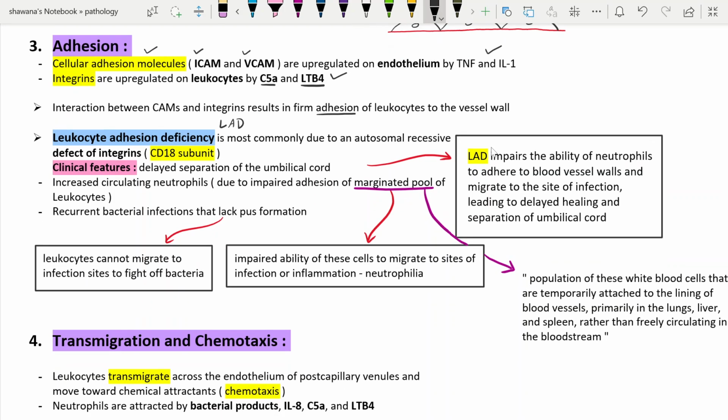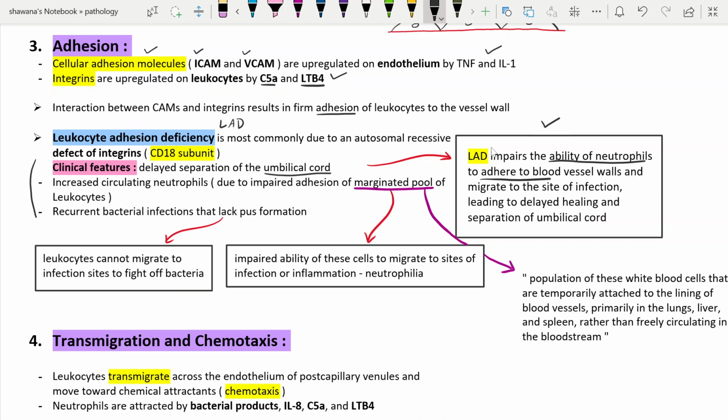The clinical features of this disease will be according to our concept. The first clinical feature is the delayed separation of the umbilical cord from the fetus. What does it mean? When leukocyte adhesion deficiency is there, it impairs the ability of neutrophils to adhere to the blood vessel, because integrins are not there.